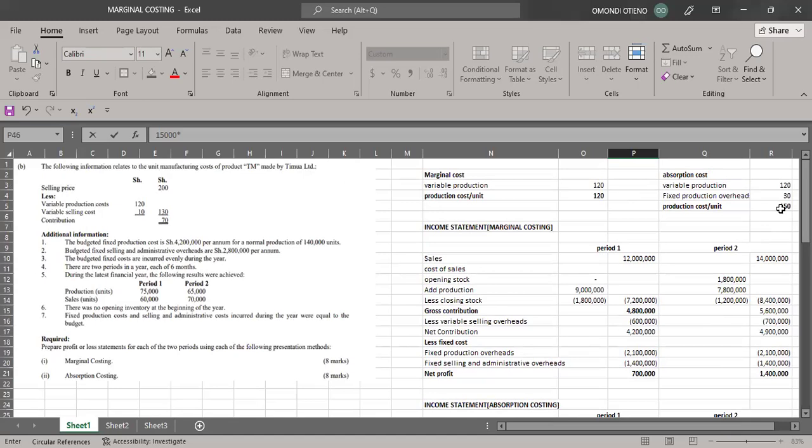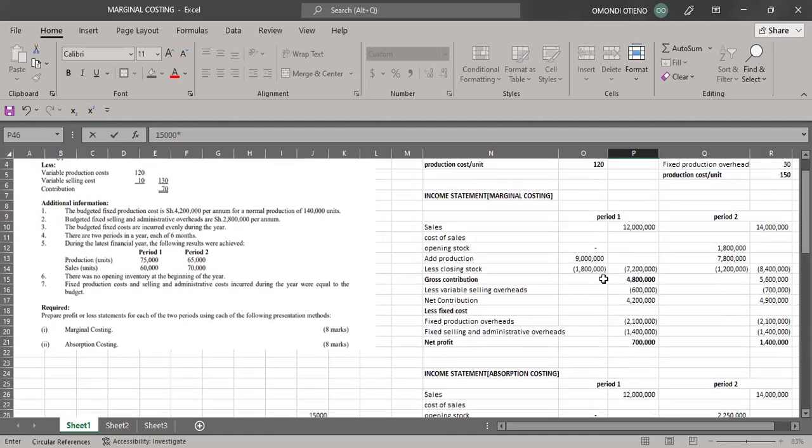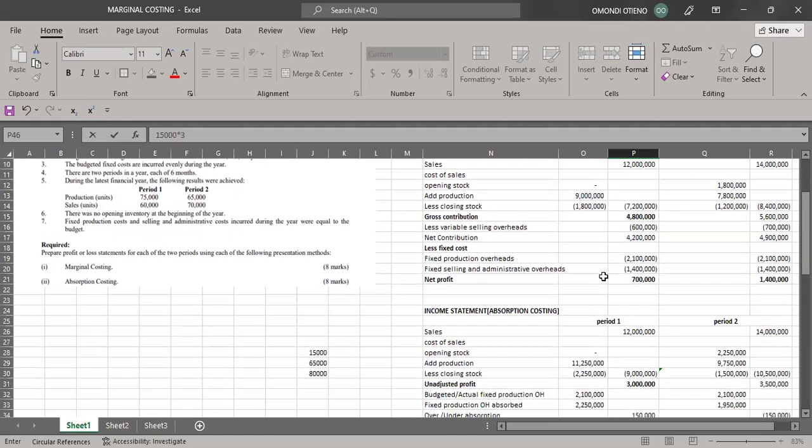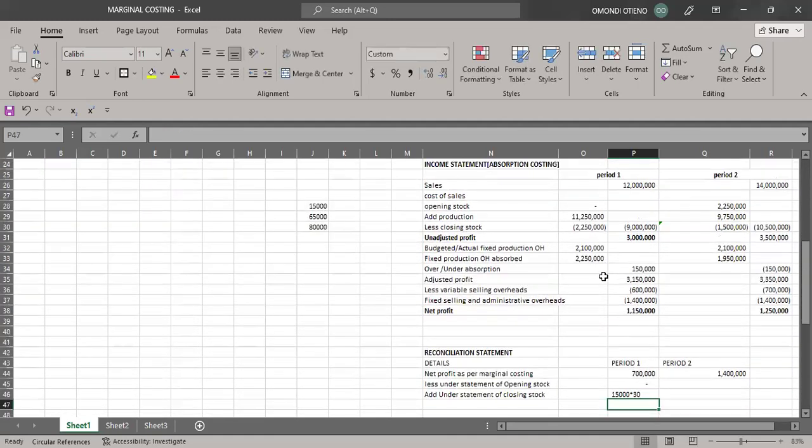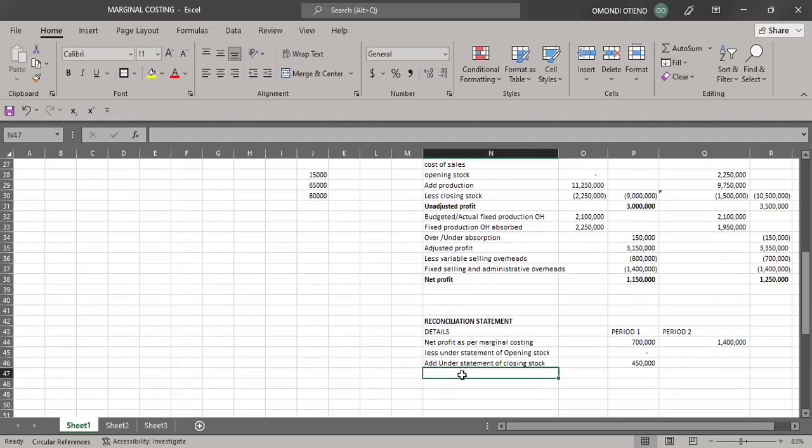Under absorption, we have 150. So this 30, the fixed production overhead per unit, represents the understatement. So it will give us 450.